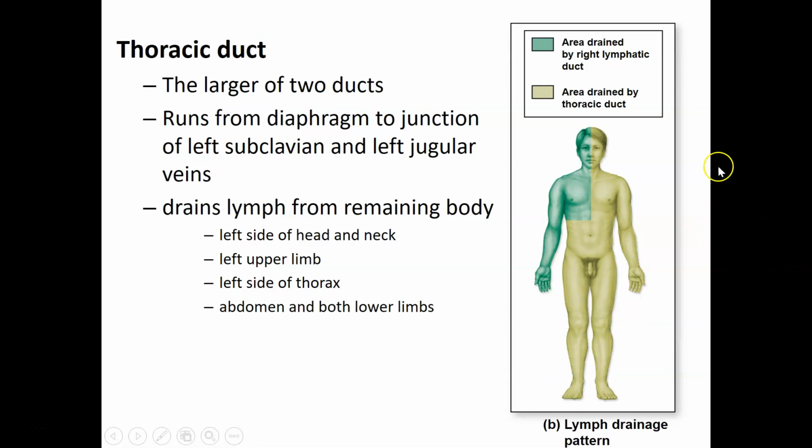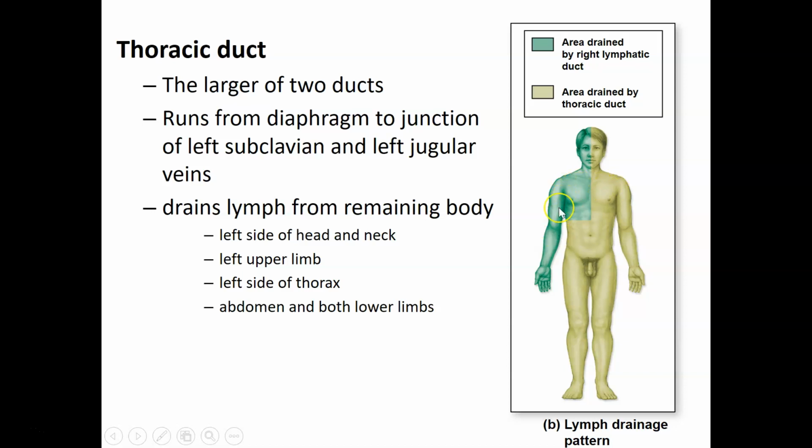So because of that difference for the ducts, this slide is illustrating what parts of the body are drained by the right lymphatic duct, dark green, versus the thoracic duct, the olive green structure here. Okay, so from the thorax up, there is right-left symmetry.